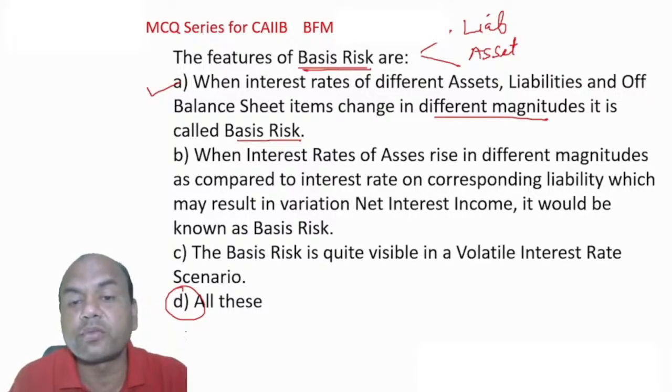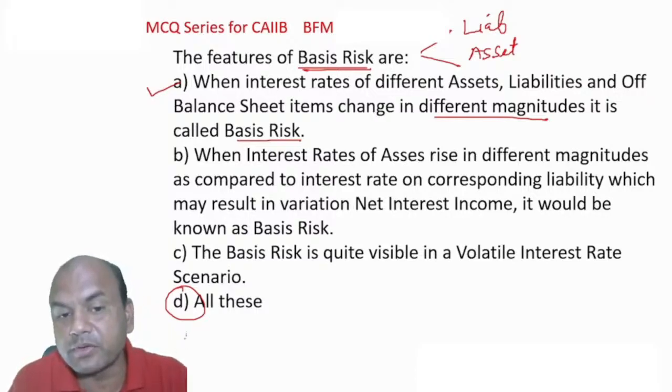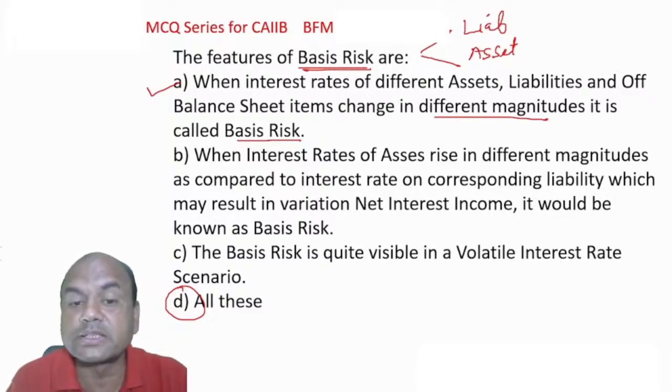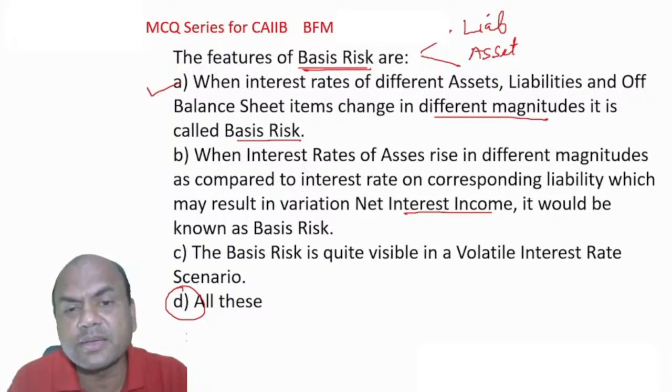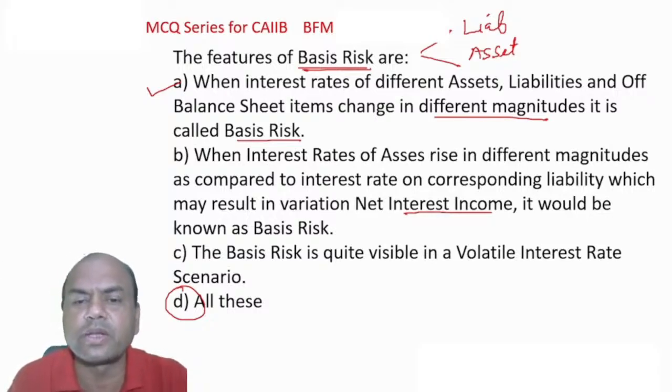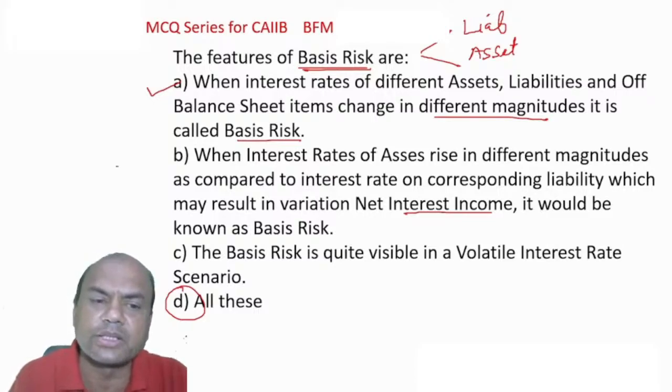When the interest rate of assets rises in different magnitudes as compared to the interest rate in the corresponding liability, which may result in variation in net interest income, it would be known as basis risk. Again the same, wording is different only, logic is same. So B is also true.